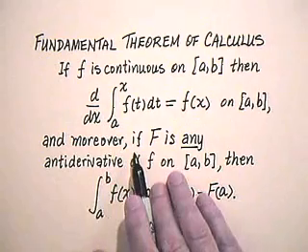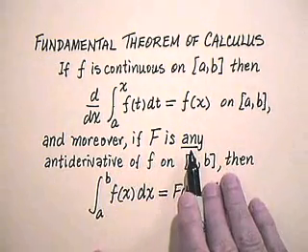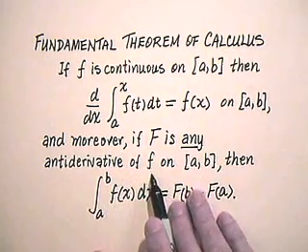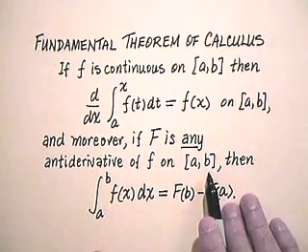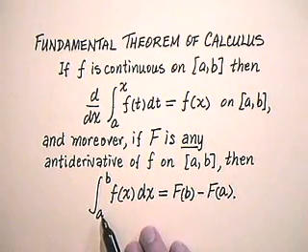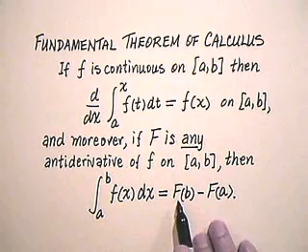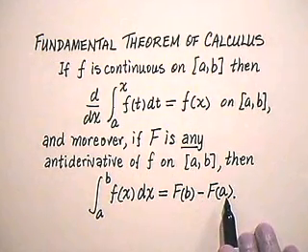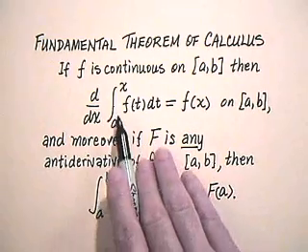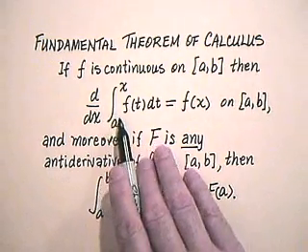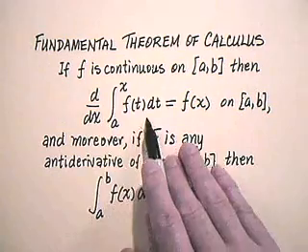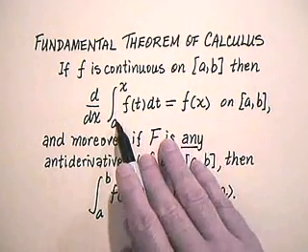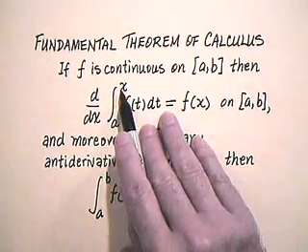And moreover, if capital F is any antiderivative of little f on the closed interval [a, b], then the definite integral from a to b of f(x) dx is F(b) minus F(a).